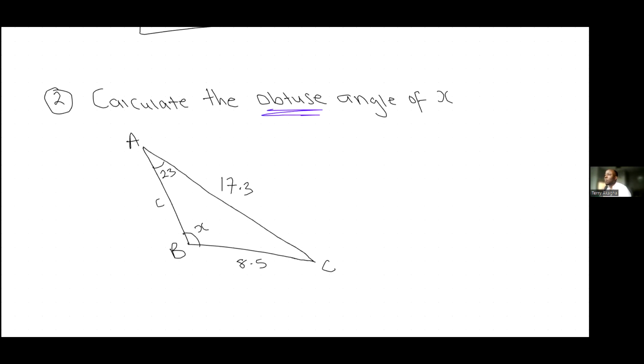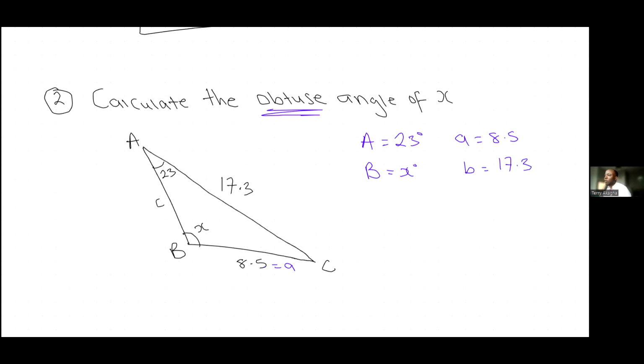So we can see from here that angle A was what? 23 degrees, but side A was equal to 8.5. So the side facing the angle, right? So that's the side. Now B, we're told B was X degrees, but the side facing it was 17.3.